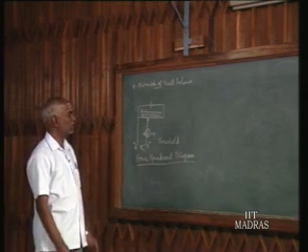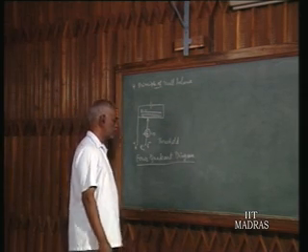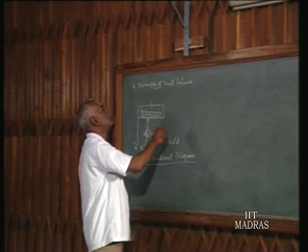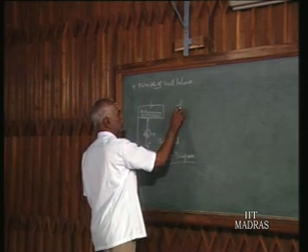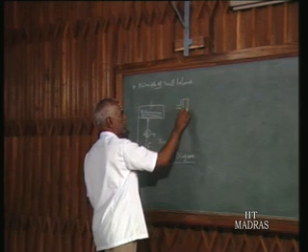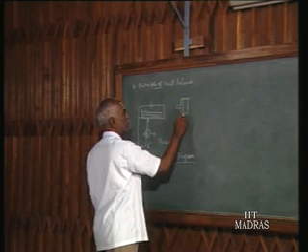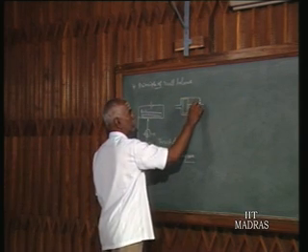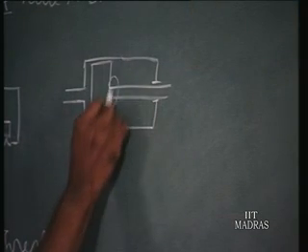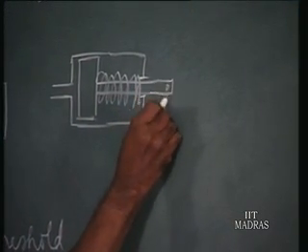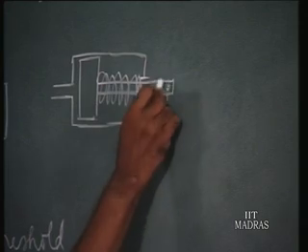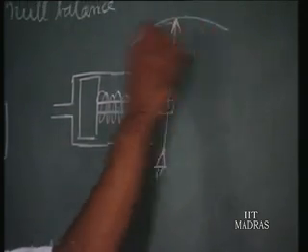For this, we will consider an example. The best example is our old piston and cylinder type pressure gauge. I will draw it once again, the piston and cylinder type pressure gauge. A spring is there, and then we have our pointer moving over the scale.